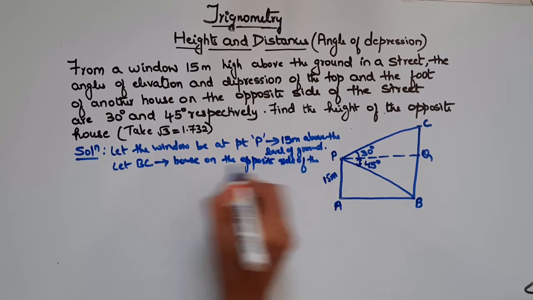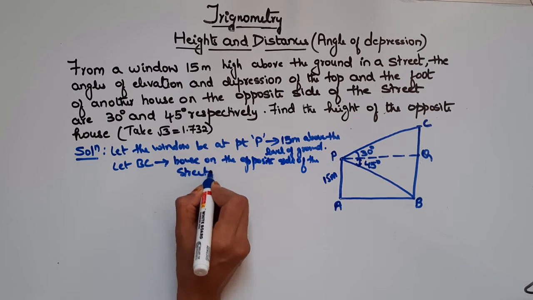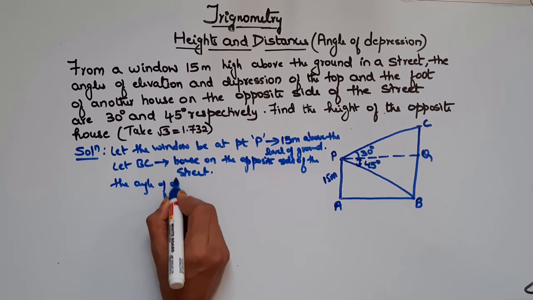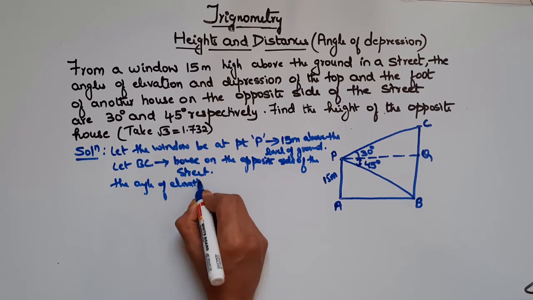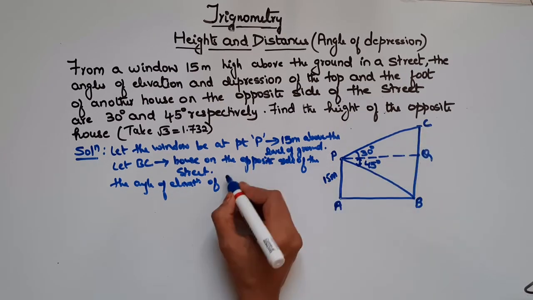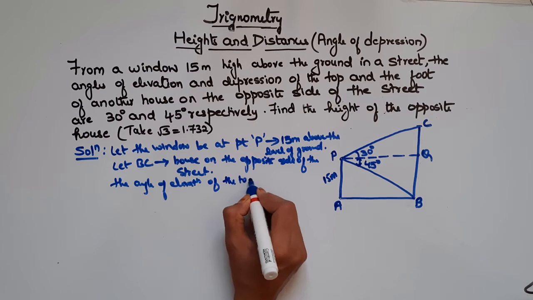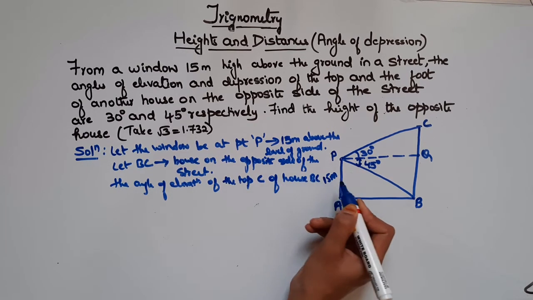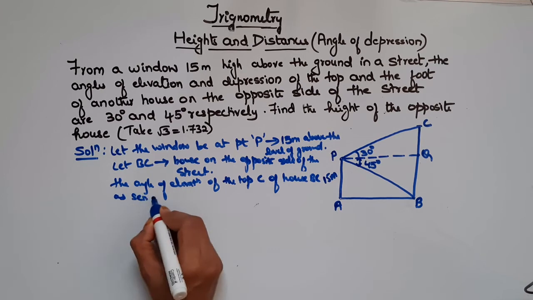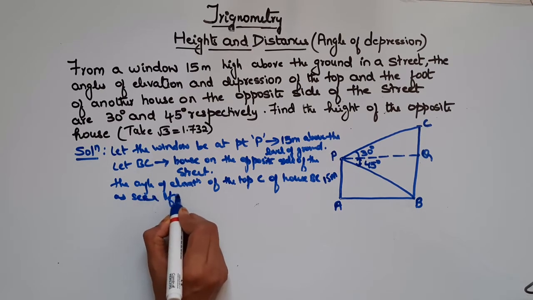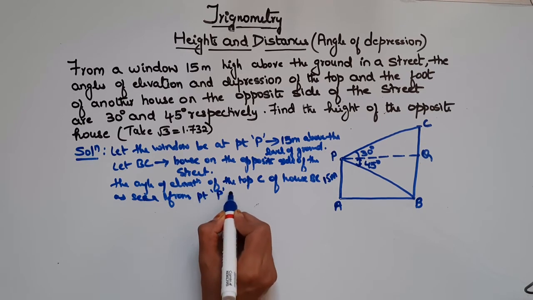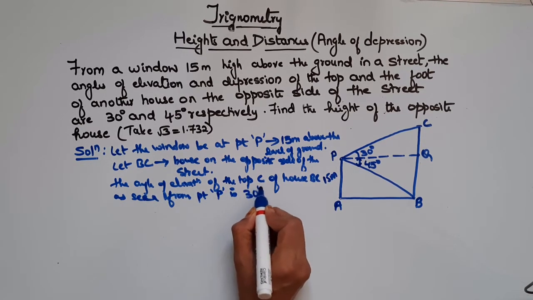The angle of elevation of the top C of house BC as seen from point P is 30 degree, right?